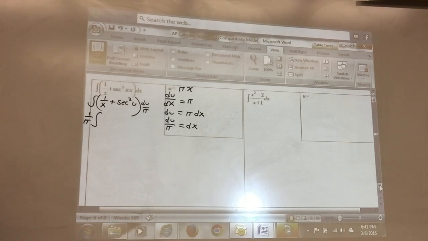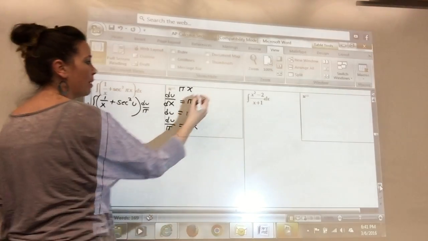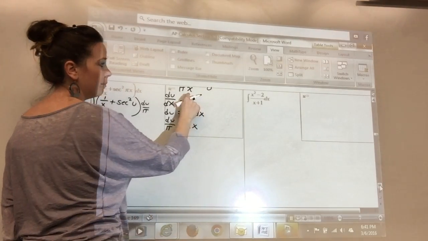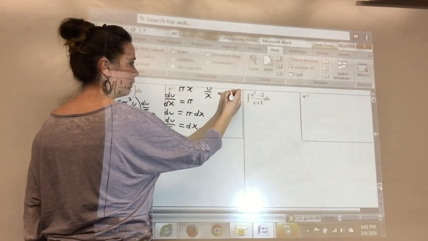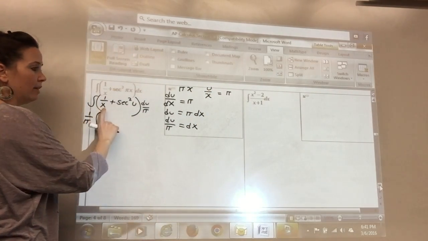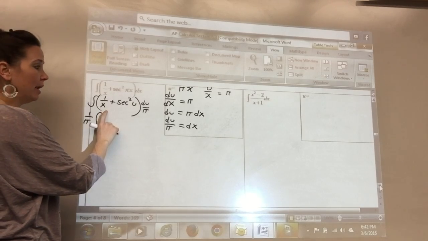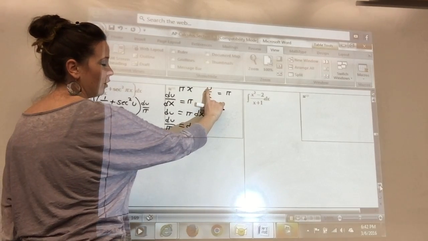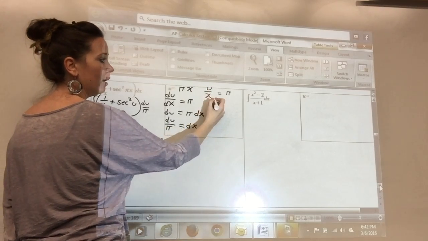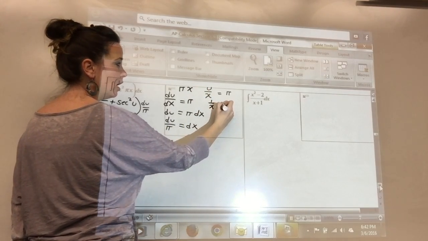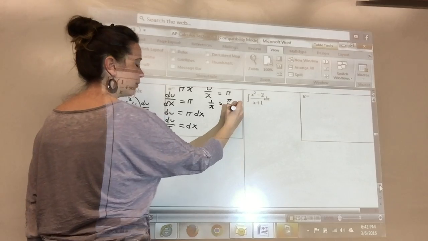Think. Okay, let's see. How about I divide by x? So u over x is equal to pi. Okay, that does get the x in the denominator. Well, how do I get the u out? Well, what if I divide both sides by u? That would cross the u out, and I would be left with 1 over x, and I would get pi over u.